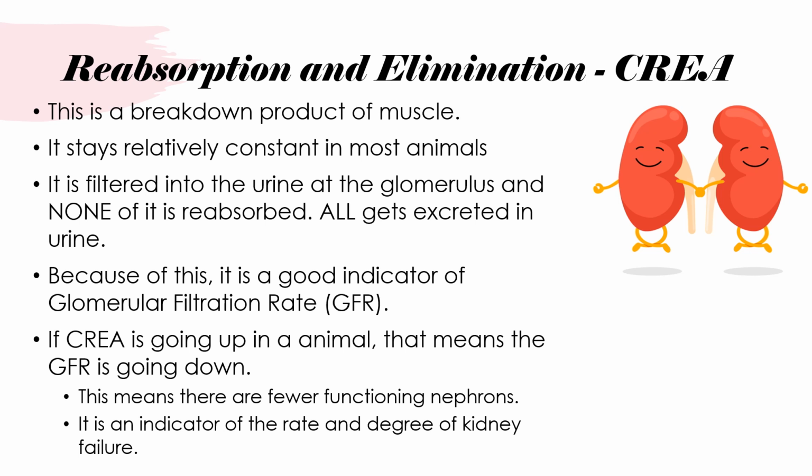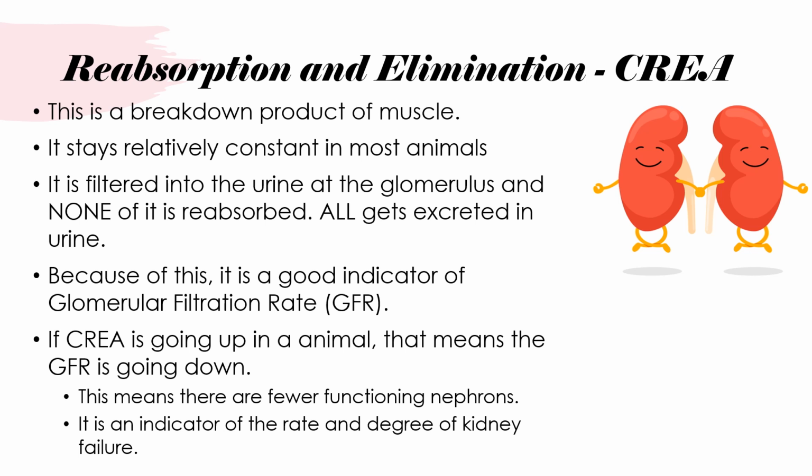When I say the creatinine is going up in an animal, this is another blood work panel that we can run on our kidneys. What is our creatinine level at? That's one of our kidney values. If it's elevated, this means that the glomerular filtration rate, the glomerulus working in that minute, is going down.